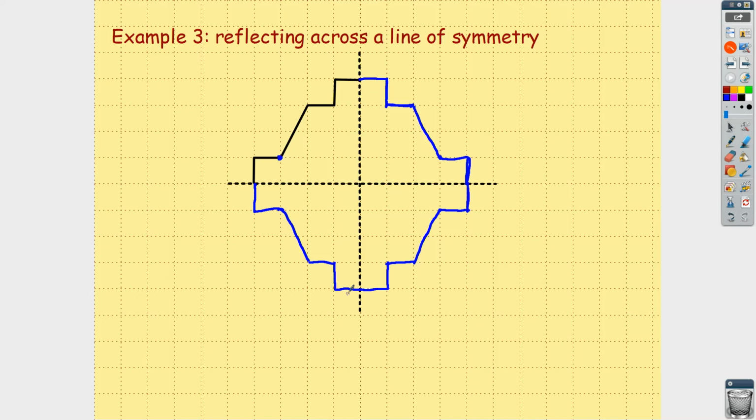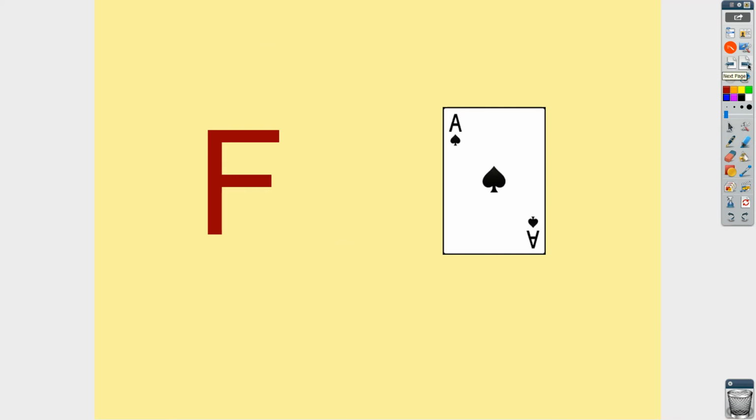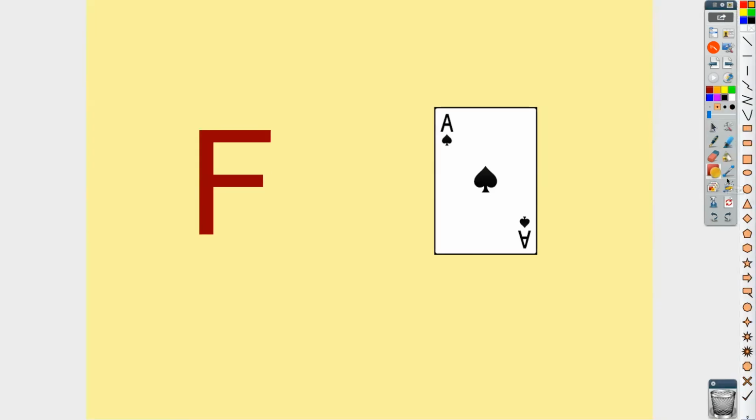Okay, there's only one last little point that I really want to bring into this discussion, which is shapes that don't have any lines of symmetry. Okay, it's perfectly acceptable in some of the questions you might be asked for a shape to actually have no lines of symmetry, and the easiest way to show this off is with the 2 shapes I've got here.